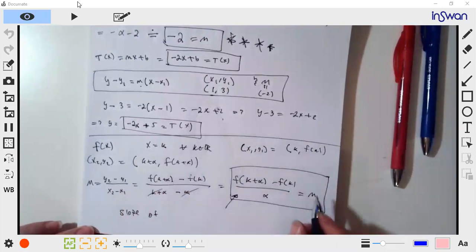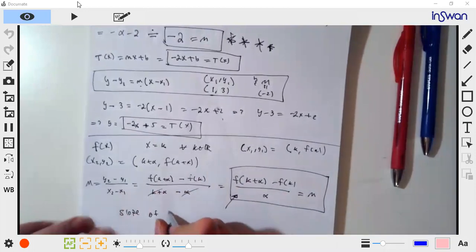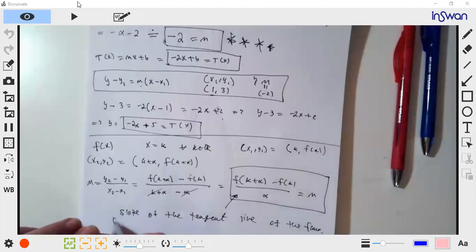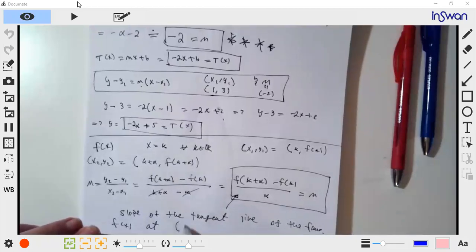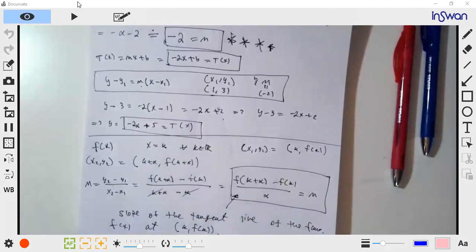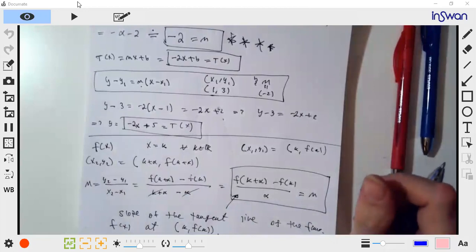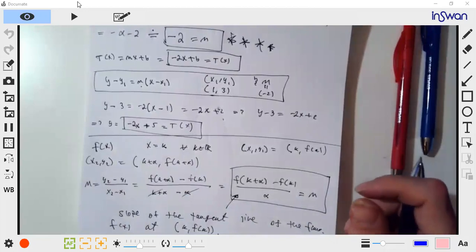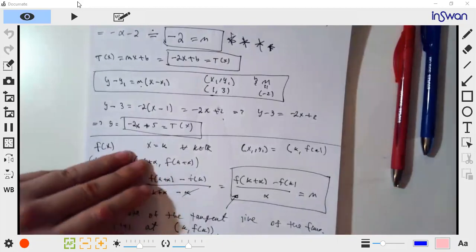This numerical quantity that outputs m is the slope of the tangent line of the function f of x, precisely at this point, k, f of k. And k is any number, so we can actually discover what is the slope of the tangent line of a function at any value that we want.